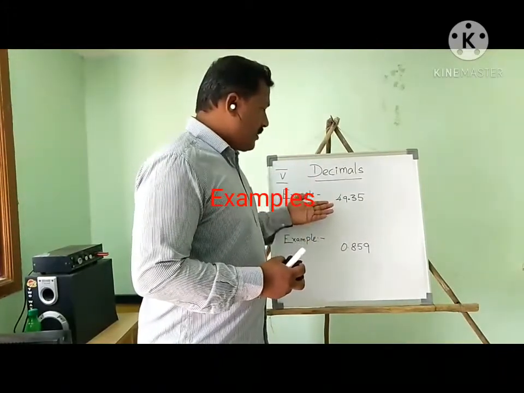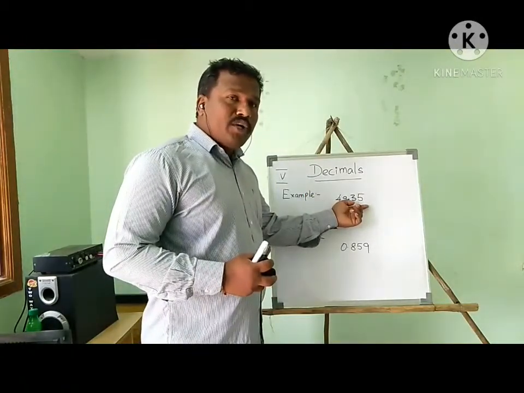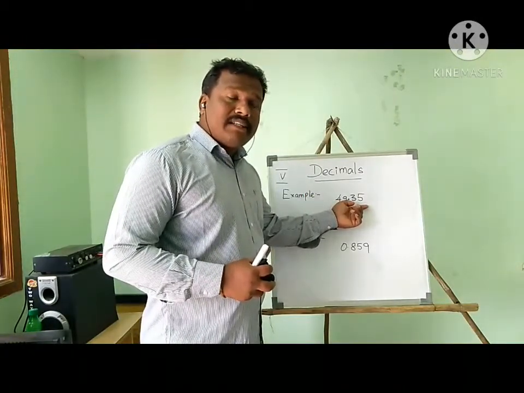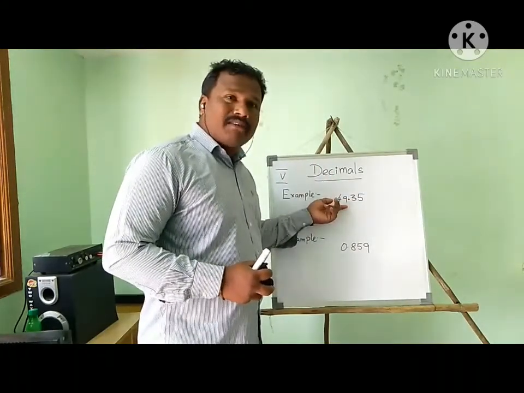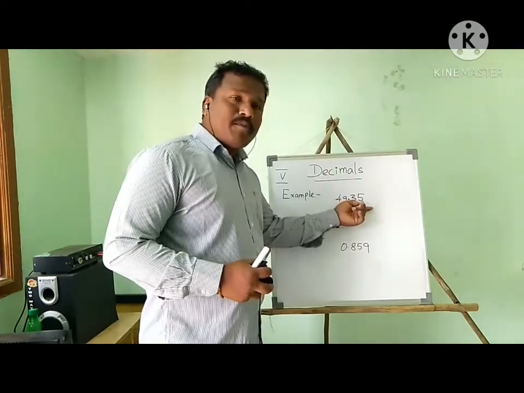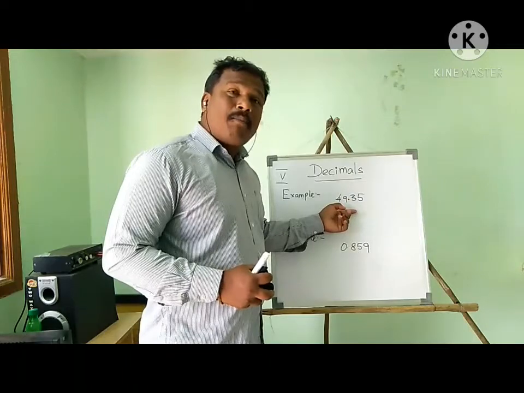If you see this number, 49.35, you know very well that in a decimal number there are two parts. The left side part we call the integral part or whole part. The right side of the part we call the decimal part. The dot in the middle we call the decimal point.